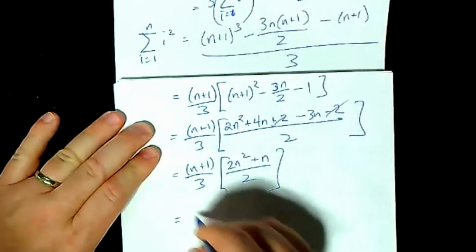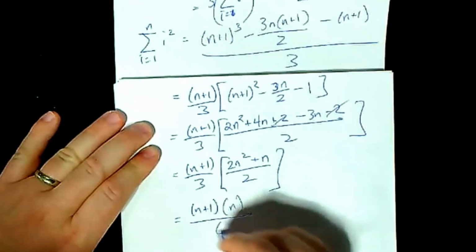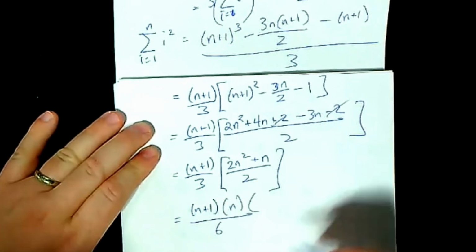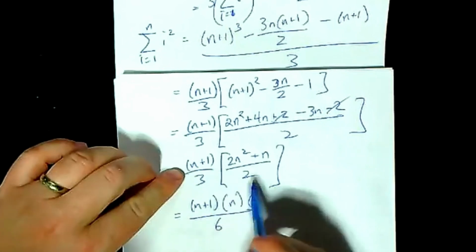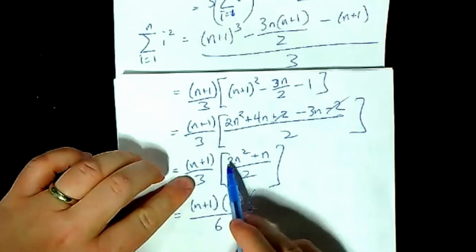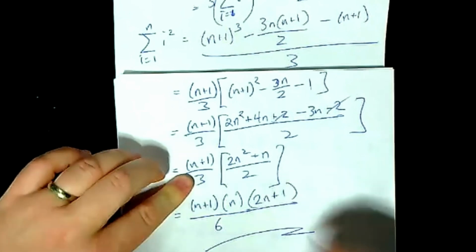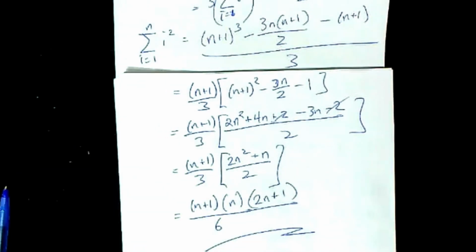The 2's cancel, all divided by 2. And factor out the n, and what's left? n plus 1, over 6, and I factored an n out of here. All I have left is then 2n plus 1. And there it is. That's the nice formula given in the text for the sum of i squared.